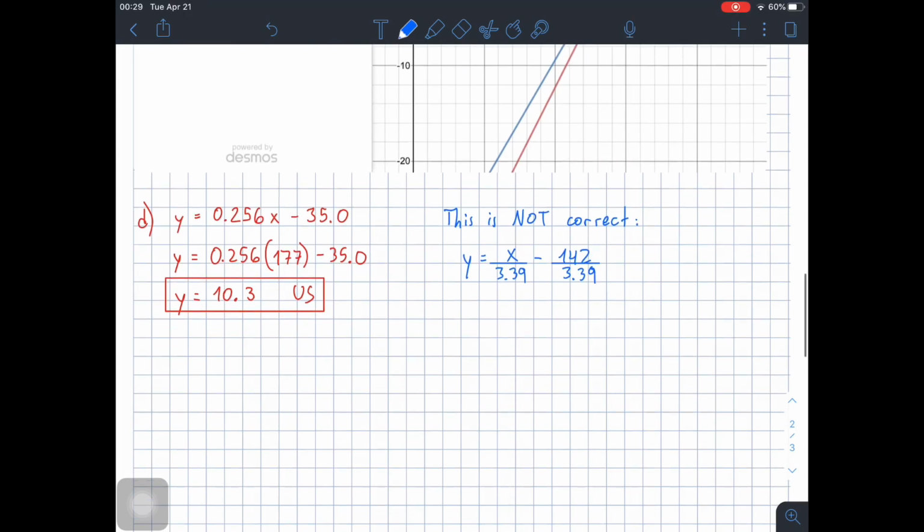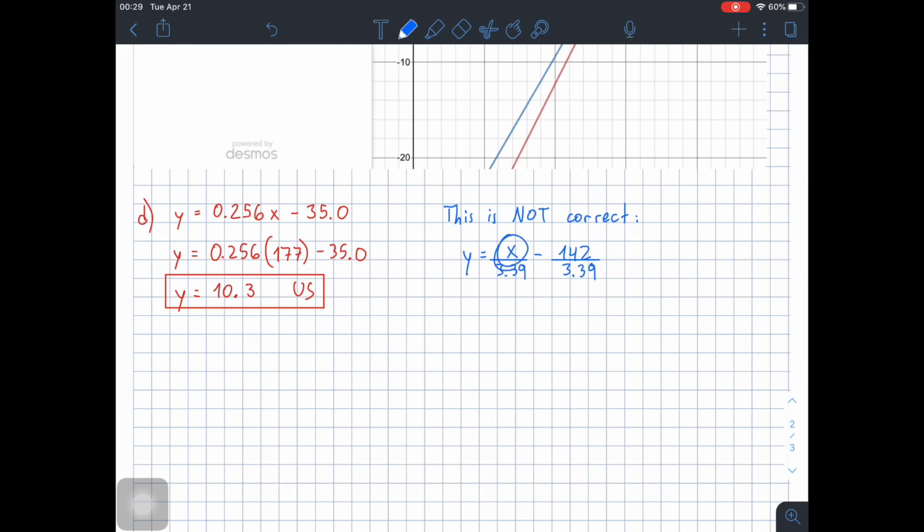So if I try plugging in here the value of x, which is 177, we would get 177 over 3.39 minus 142 over 3.39.